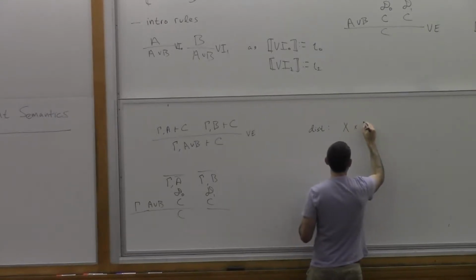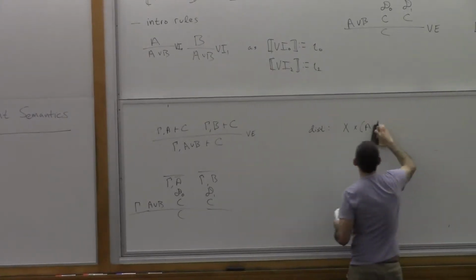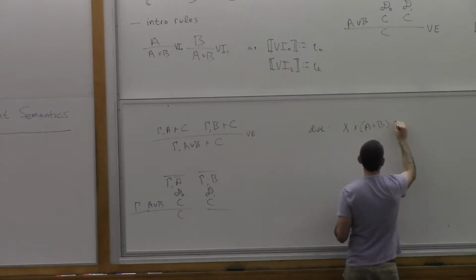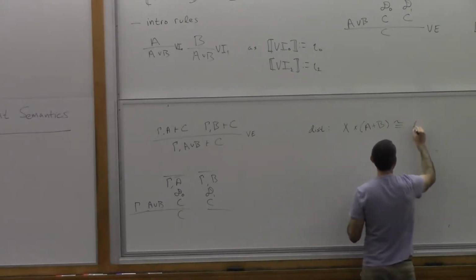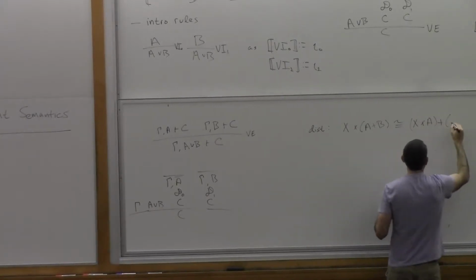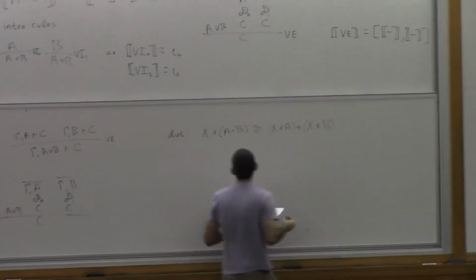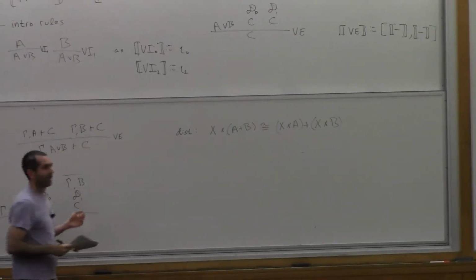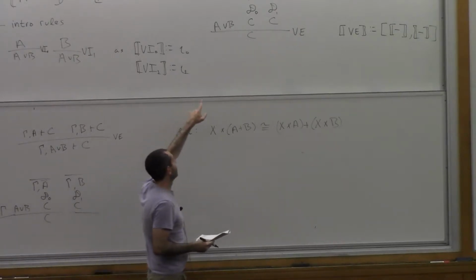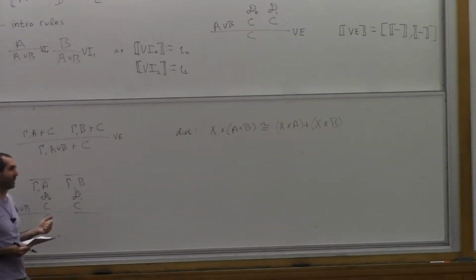So the product of X and the coproduct of A and B is isomorphic to the coproduct of the product of X and A and the product of X and B. Then the real rule and the context-free rule, the rule that doesn't account for an ambient context, would be equivalent.